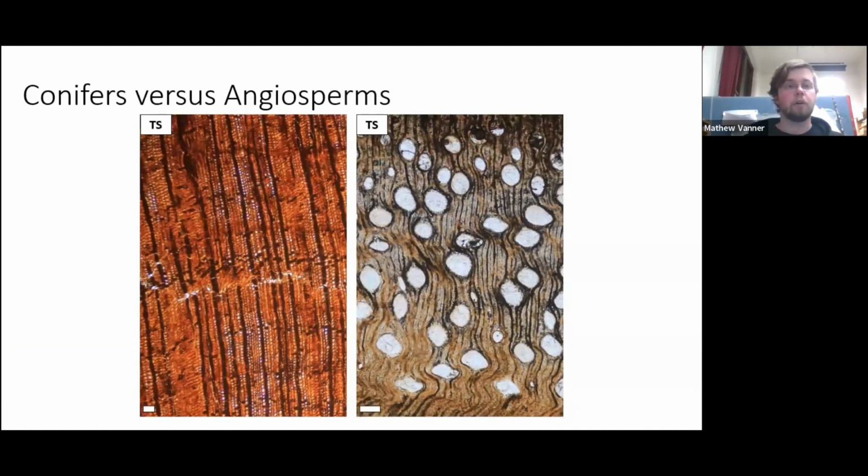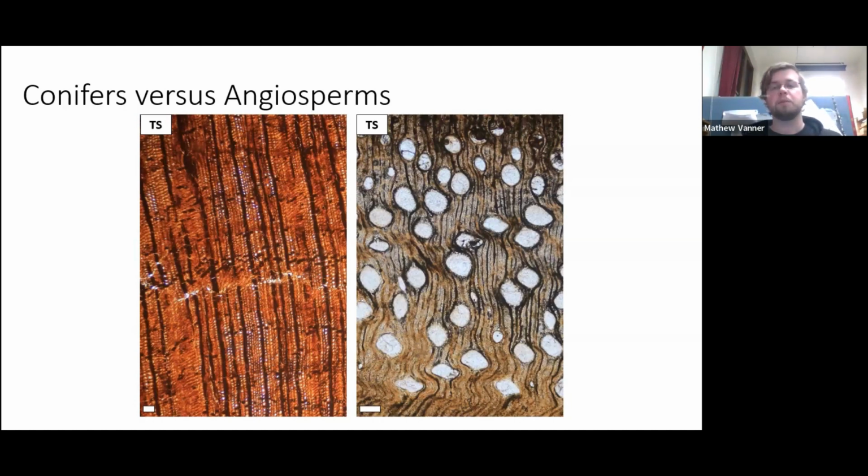So just talking about conifers versus angiosperms, I said before that they had quite a different look between them. And if you look at these two transverse sections, you can see that that is quite so. Conifers basically only have about 3, sometimes 4 main cell types. Those are the tracheids, the rays, the axial parenchyma, and if you're not in New Zealand, you have a few other weirder types of cells.